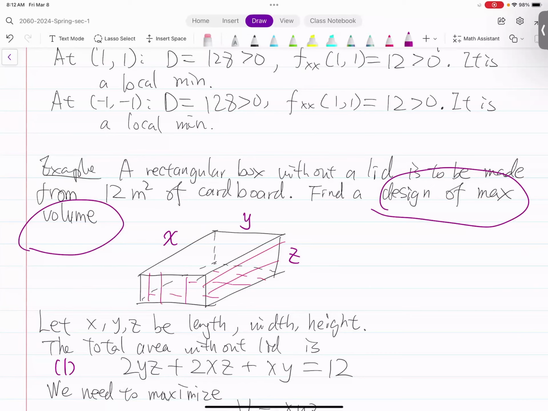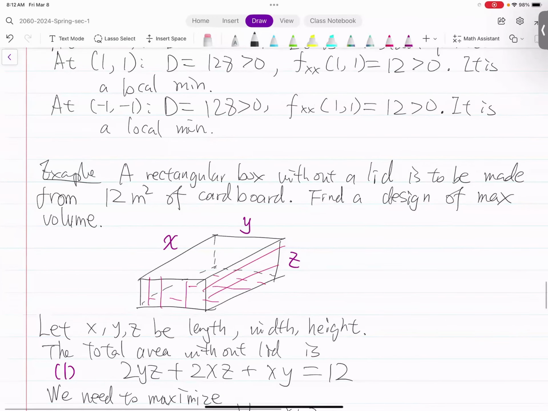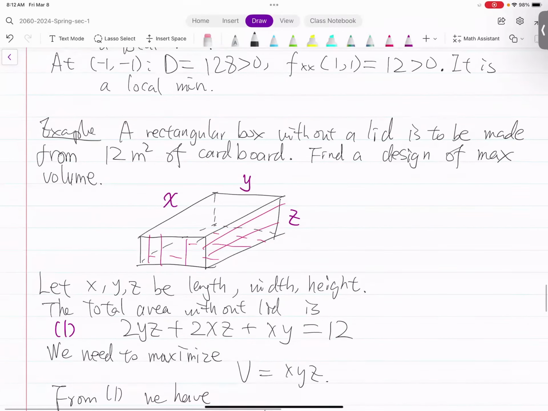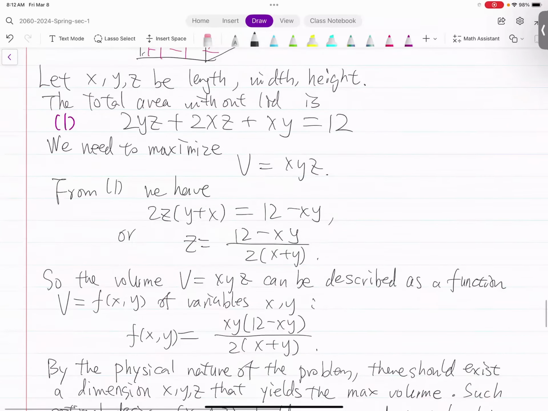So if they only ask for the maximum volume, then we just answer 4. But for the design, you have to give the x, y, z triple. So we saw x and y have to be 2, and z is 1 from this relationship right here.